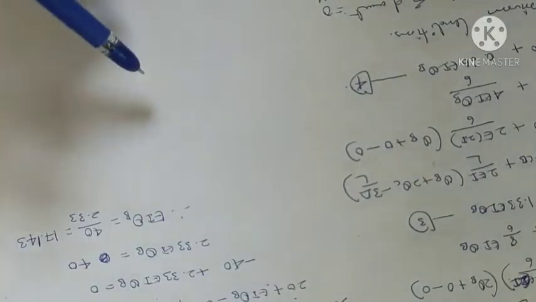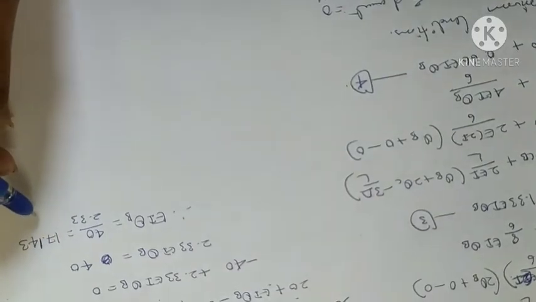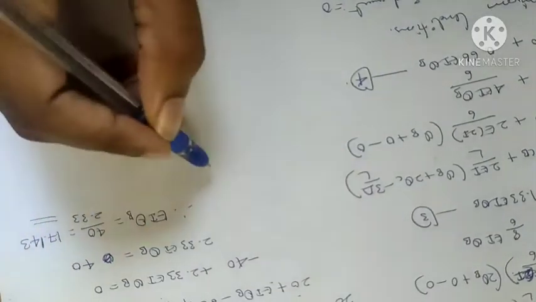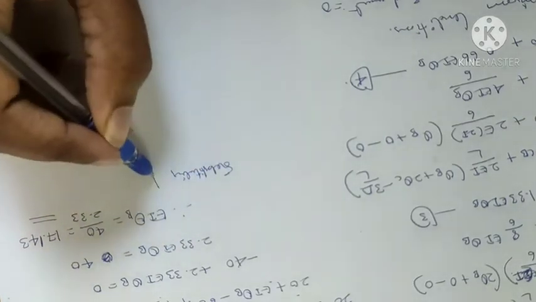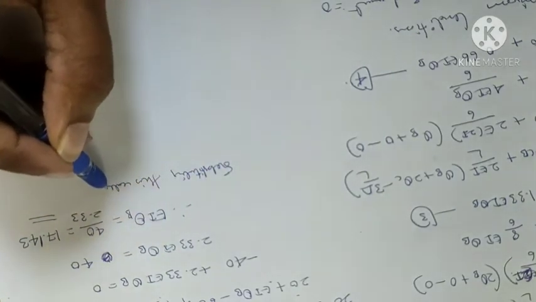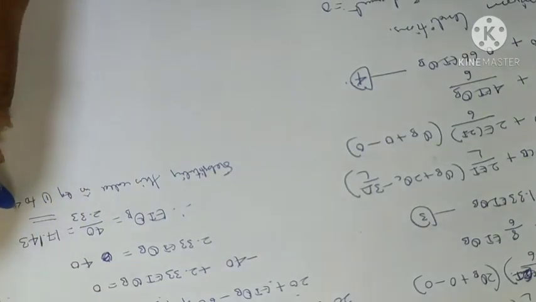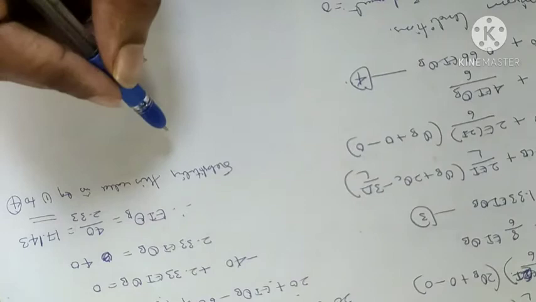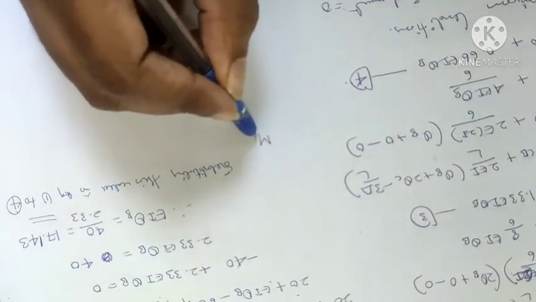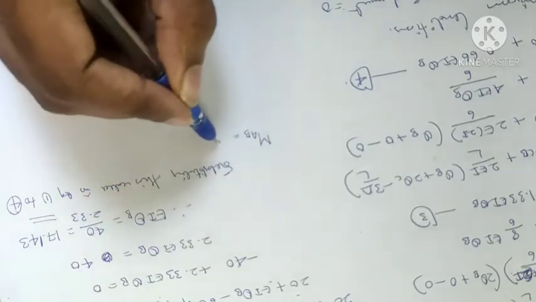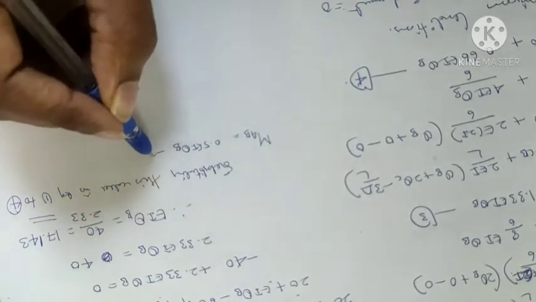So the EI theta B value is 17.143. Substituting this value in equations 1 to 4. What was equation MAB? 0.5 EI theta B minus 20.